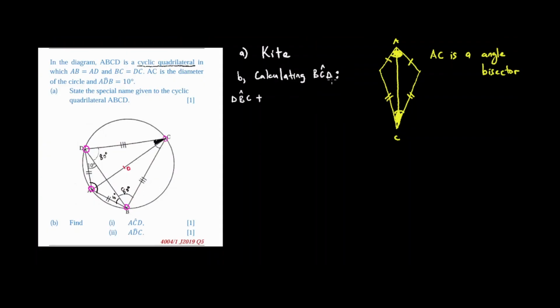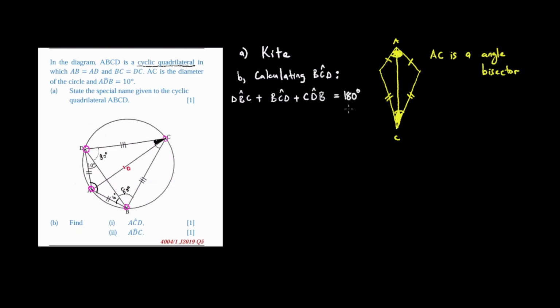And to calculate BCD, then I take half of BCD which will give me ACD. So DBC, which is this angle, write it down, plus BCD plus CDB should be equal to 180 degrees.